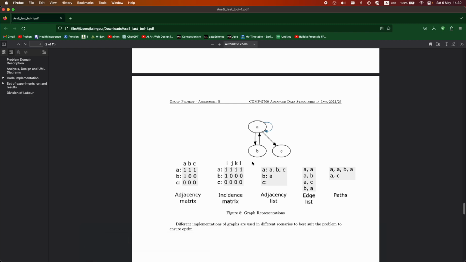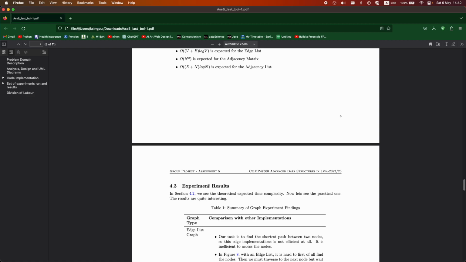So since our task here is to find the shortest distance between 2 given nodes, we would expect that the adjacency matrix and the adjacency list representation are faster than the edge list. Now, what is a bit more interesting is which is faster, the adjacency list or the adjacency matrix, and it really depends on the context.